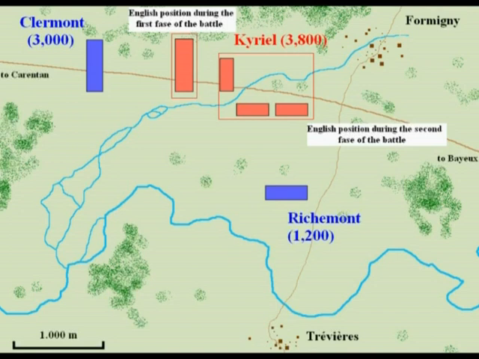it's obvious that the English formation had been considerably weakened before the charge and was already giving way. Kyriell had apparently ordered a retreat at that point to Formigny, and therefore that cohesion, that compactness, was already lost. It was probably a desperate decision.